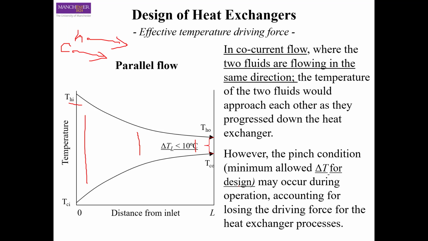When you do that kind of analysis, called pinch analysis, you define a minimum delta T, and as such you design all your heat exchangers with a delta T above this minimum. So you have to be careful that we don't reach a situation where the delta T between the two fluids becomes less than the minimum allowed in the heat exchanger design.